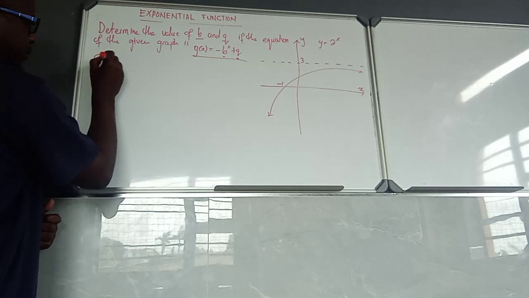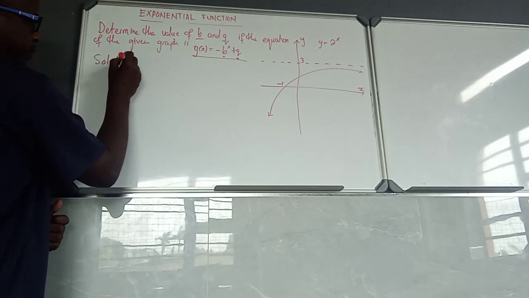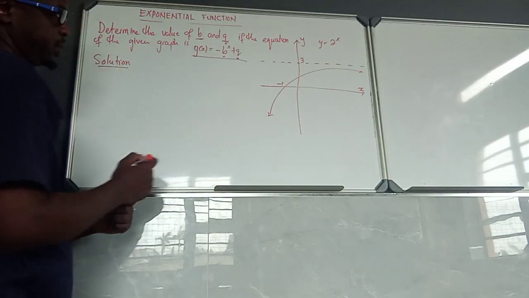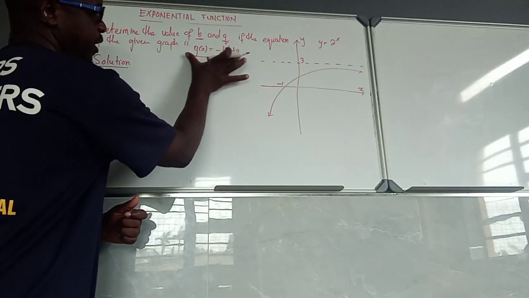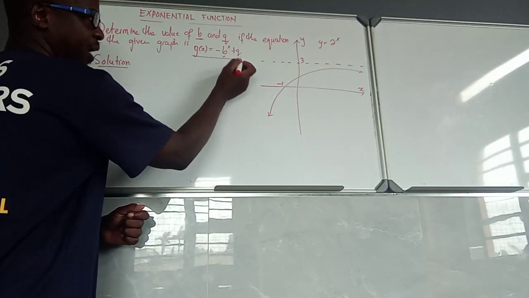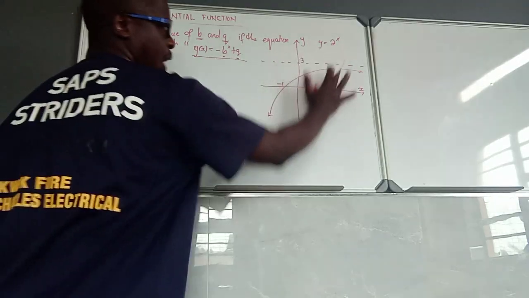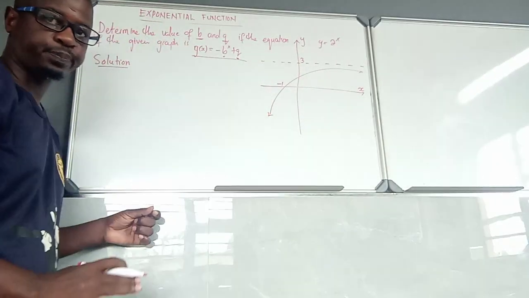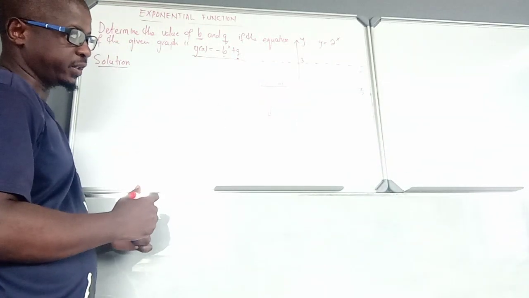Now, solution: we want to find what b is, we want to find what q is in this given expression. So we want to write them in numbers using the information that we're going to collect from this graph here. How do we go about that?